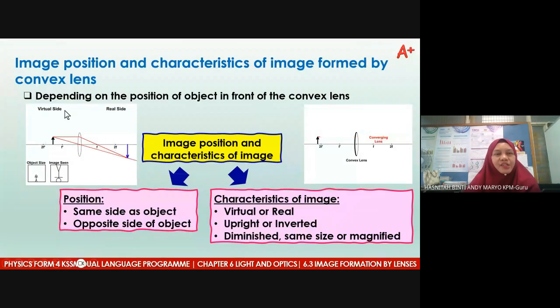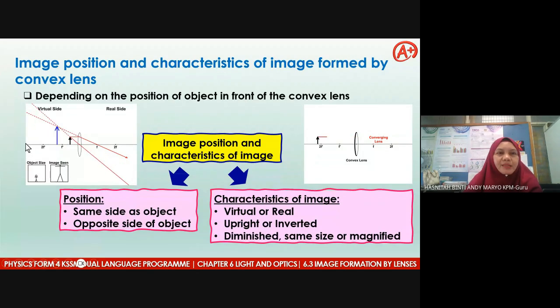Okay, so this is the GIF that shows you an example of image position and characteristics formed by a convex lens. For a convex lens, the characteristic and position of the image depend on the position of the object placed in front of the convex lens.